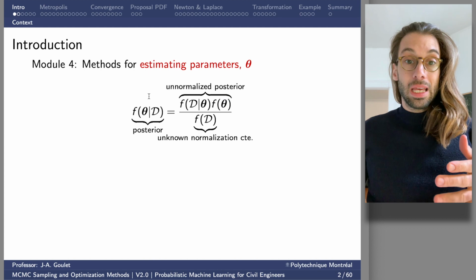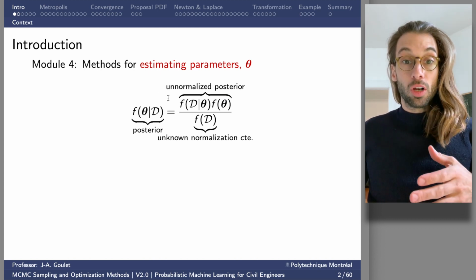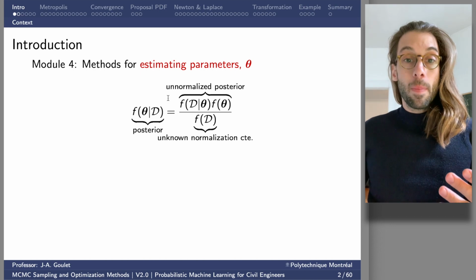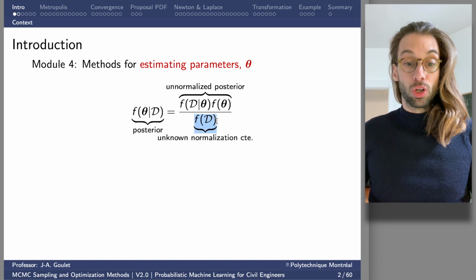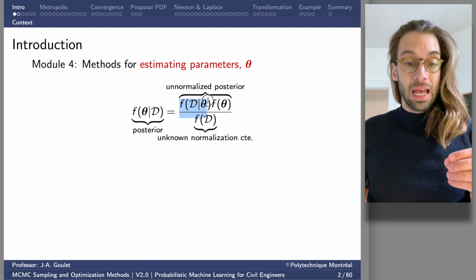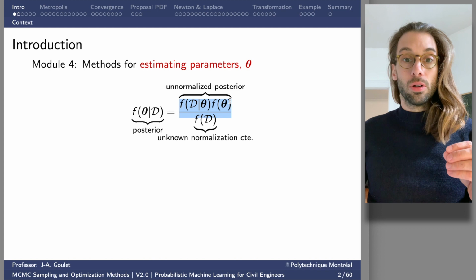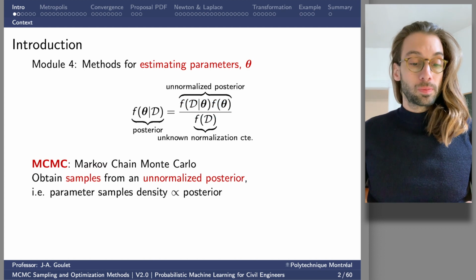So the consequence is that this approach might not scale to more complex problems with more dimensions. What we're going to see in this module is how we can use MCMC, Markov chain Monte Carlo, to bypass the need to calculate this normalization constant. What we're going to do instead is directly take samples from that unnormalized posterior, what we have in the numerator of our Bayes rule.